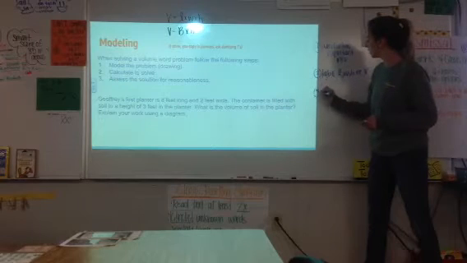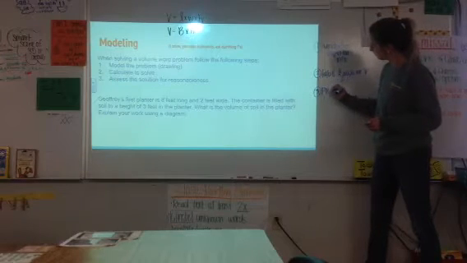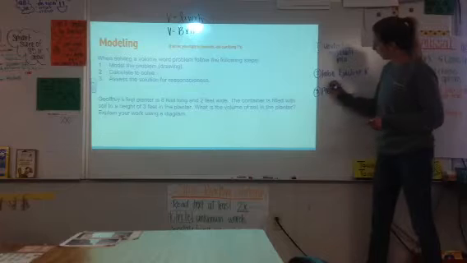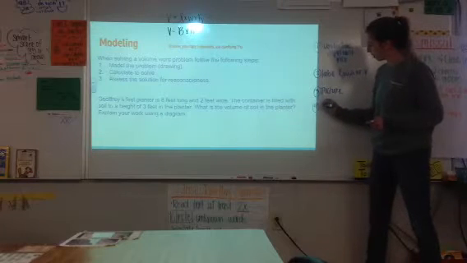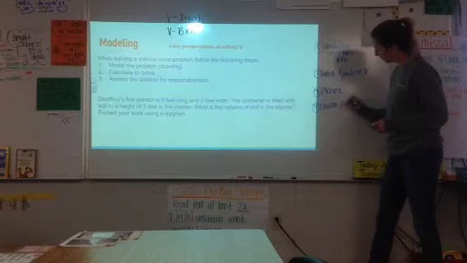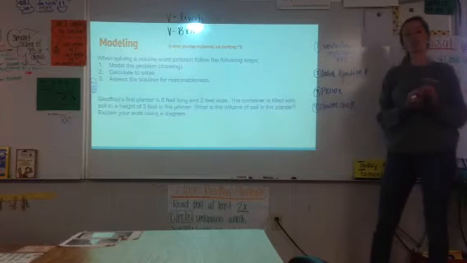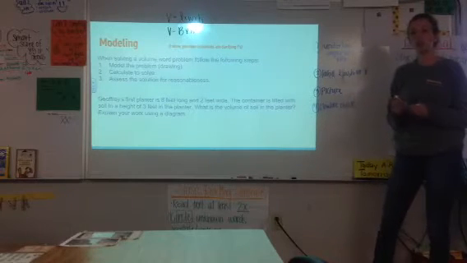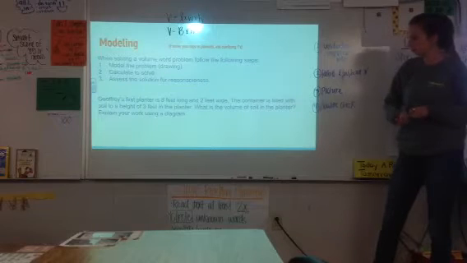Your third step is to draw a picture. And then, of course, your last step is to double check. Double check, does my answer even make sense? And if not, we messed up somewhere along the line.